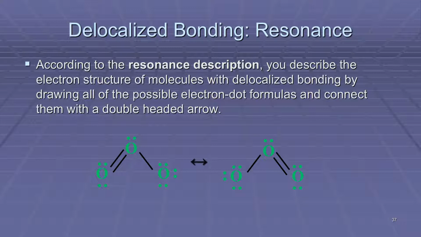So if you get a situation like this where you're going to need to make a double bond to the center and the options from the peripheral atoms are all the same, what you're going to have to do is draw each possibility. So in this case, draw the double bond going to the left-hand oxygen and then redraw it with the double bond going to the right-hand oxygen. And then we show an arrow in between, meaning that actually it's a mixture of these 2 structures.